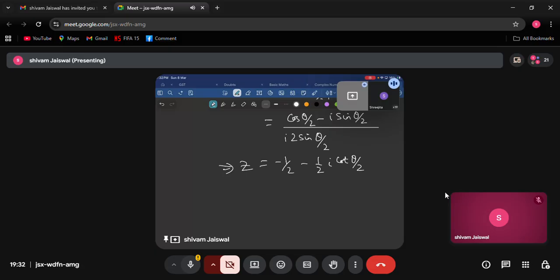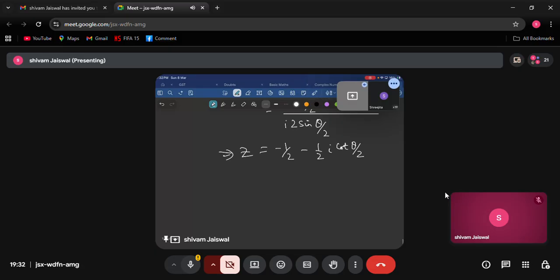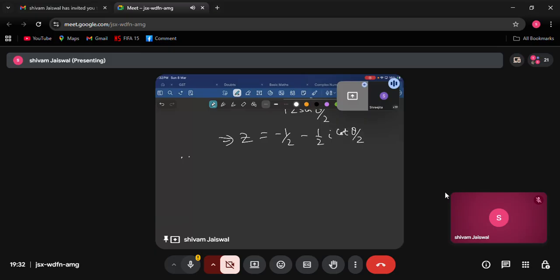So can I say that, since its real part is minus half, all the roots lie on x equal to minus half?